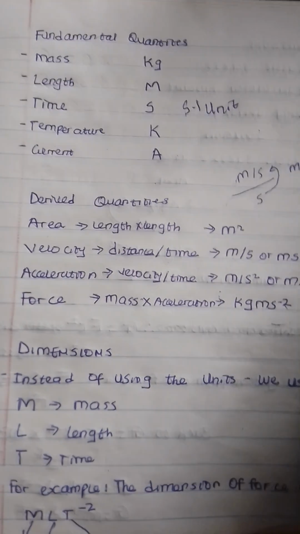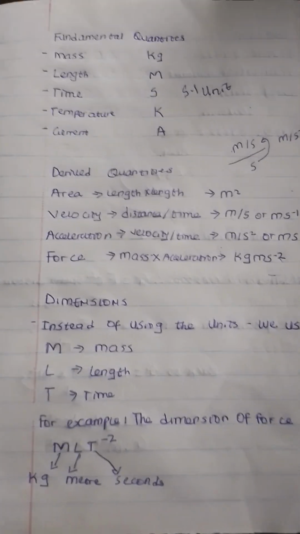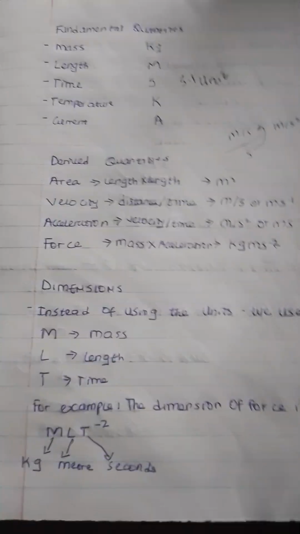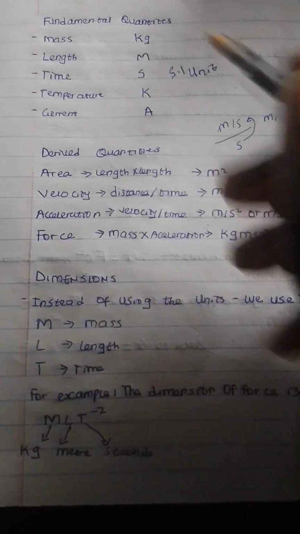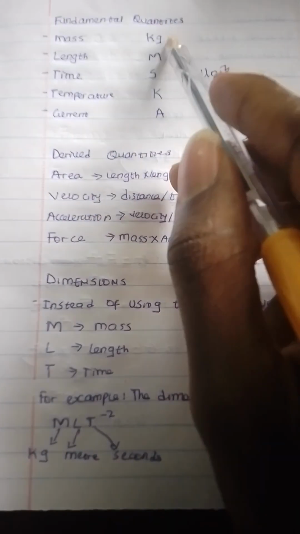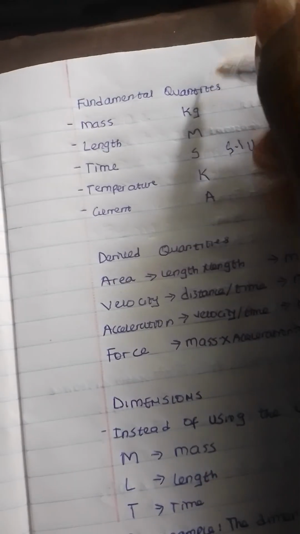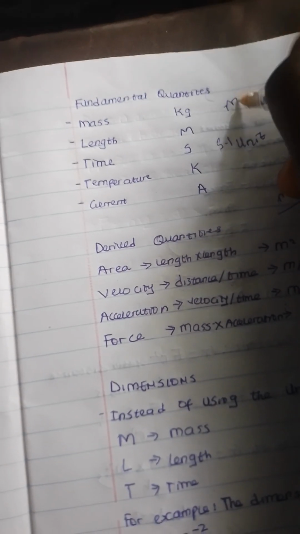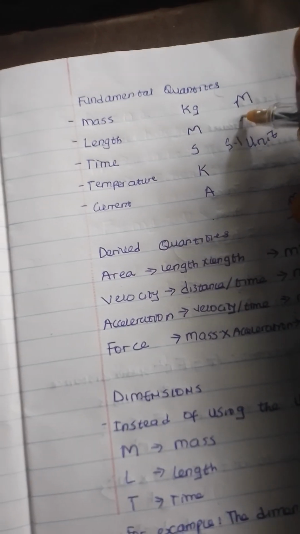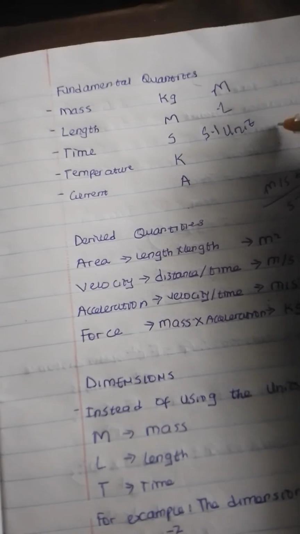But the question they ask is for dimensions. In dimensions it is very simple. For this mass that is here, instead of writing the unit kg, you write the first letter of the word. Just remember, first letter of the word. What is the first letter of the word mass? M. What is the first letter of the word length? L. What is the first letter of the word time?